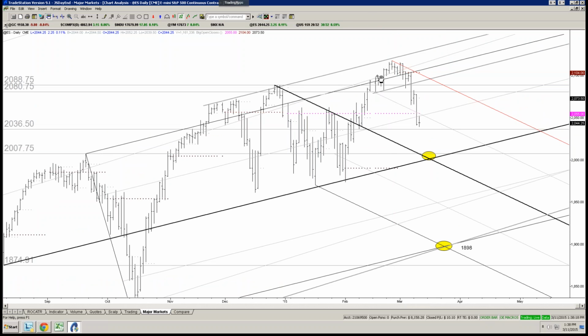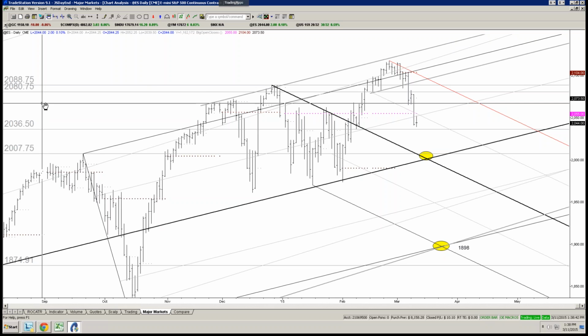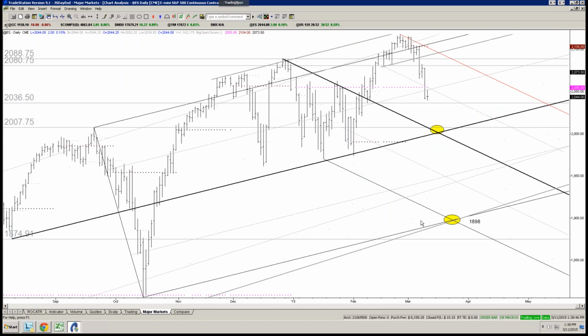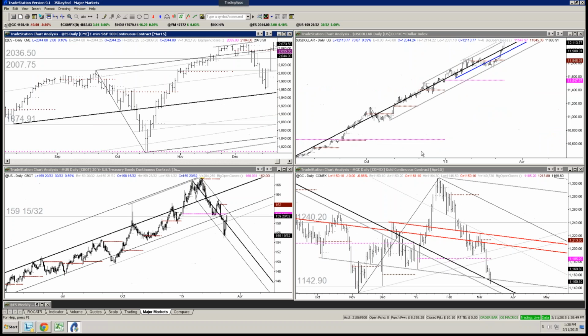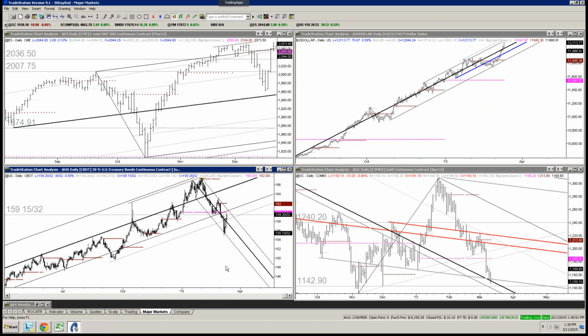We actually never even got to 2120, and the market has pretty much fallen apart. And again, I don't think there's any real support for another 44 handles or so. So maybe that results in pound yen trading to 78.30, and then you get a bounce or something. But bigger picture, it doesn't make any sense.